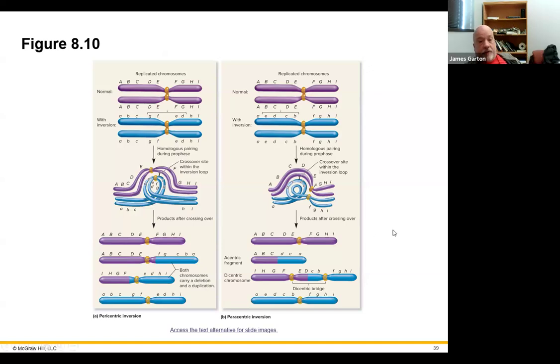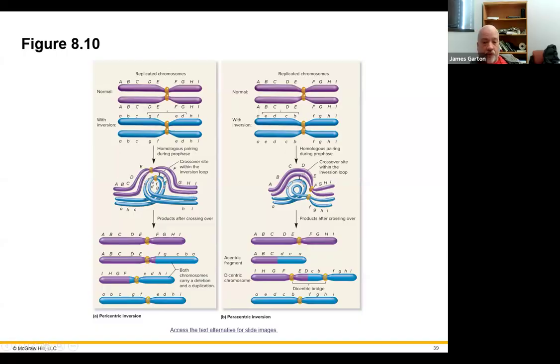But here's the region of the inversion. And all of a sudden, these things don't align. And so to make these things align, you're going to have one of these chromosomes loop. And now D and E and F and G match up with each other.